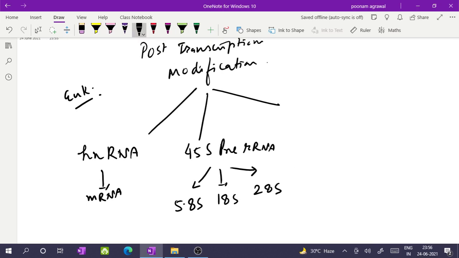I discuss the extensive modification which takes place on transfer RNA. So it is not only the hnRNA that undergoes post-transcriptional modification to make mRNA. We also have the modification of ribosomal RNA and transfer RNA under this heading.